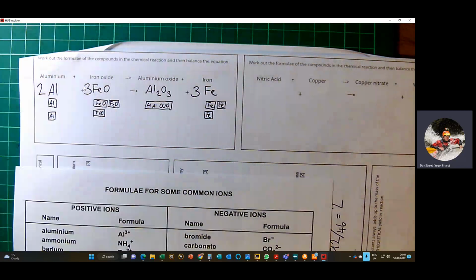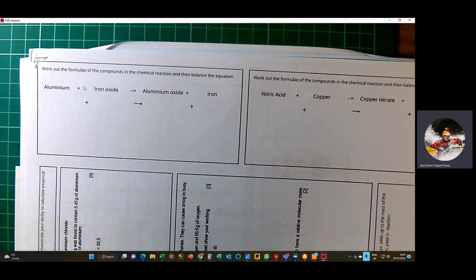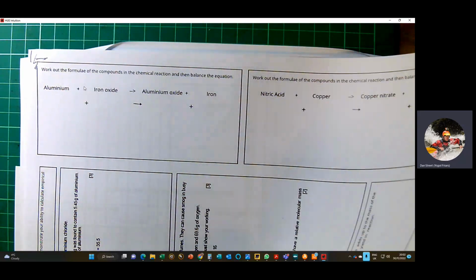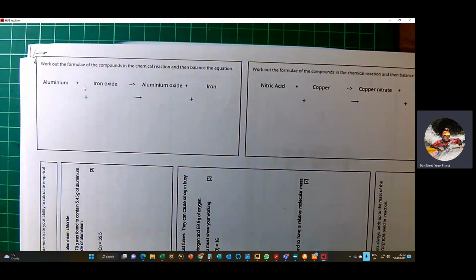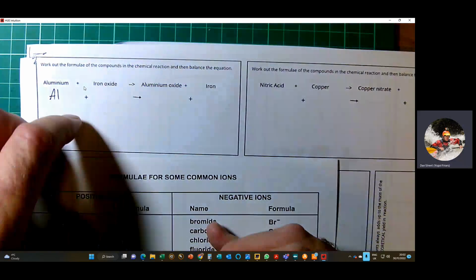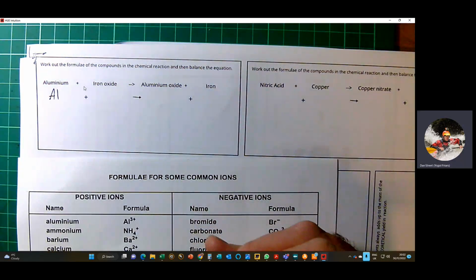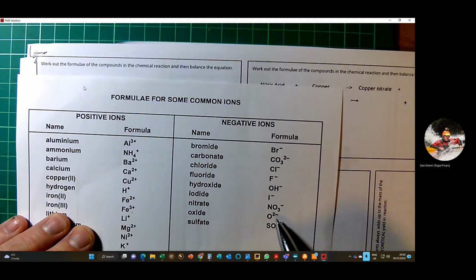For the second option, I'll use a separate sheet. So this time, instead of using the iron 2+ ion, we use the iron 3+ ion. So the same again, aluminium, except this time, if we use the Fe3+ ion, we'd need 2 of these to balance 3 of these.